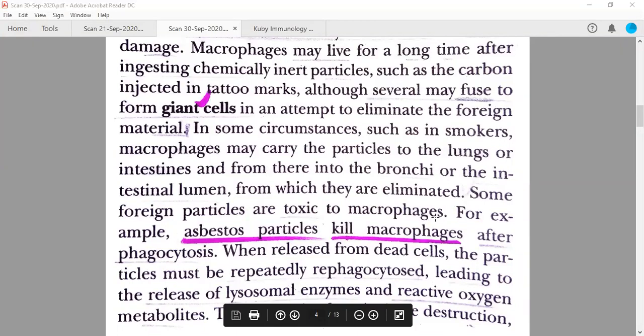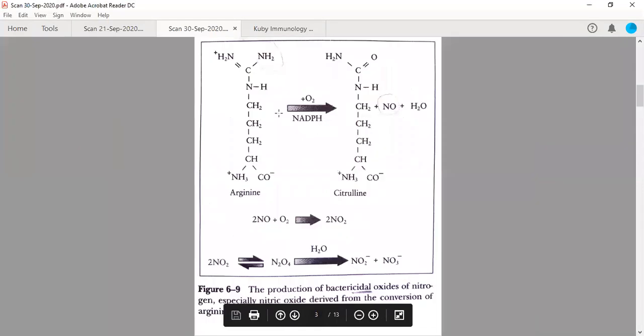Because of the death of these macrophages, a large number of lysosomal enzymes, which are called suicidal bags of the cell, will be released in the tissues, and reactive oxygen metabolites will be released, because of nitrogen and oxygen intermediates. We have discussed reactive oxygen species and reactive nitrogen species. If you do not remember reactive nitrogen species, I also covered this in this particular slide.